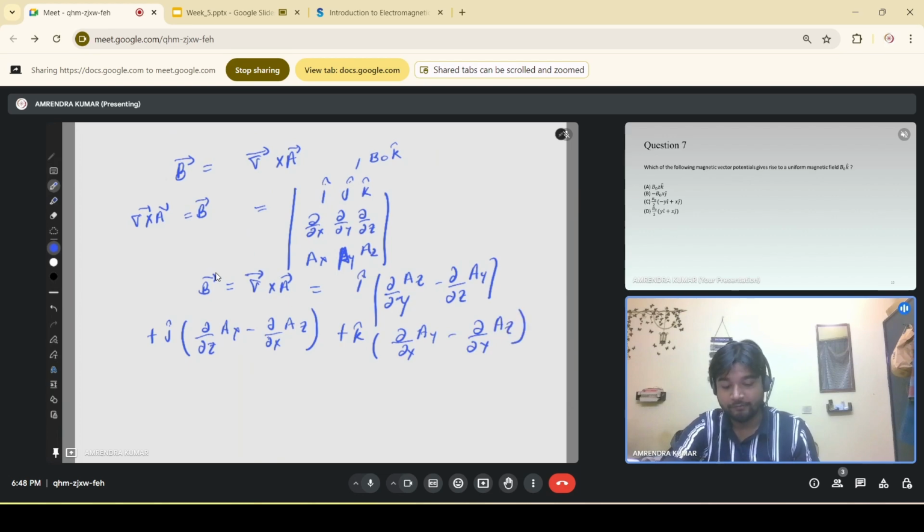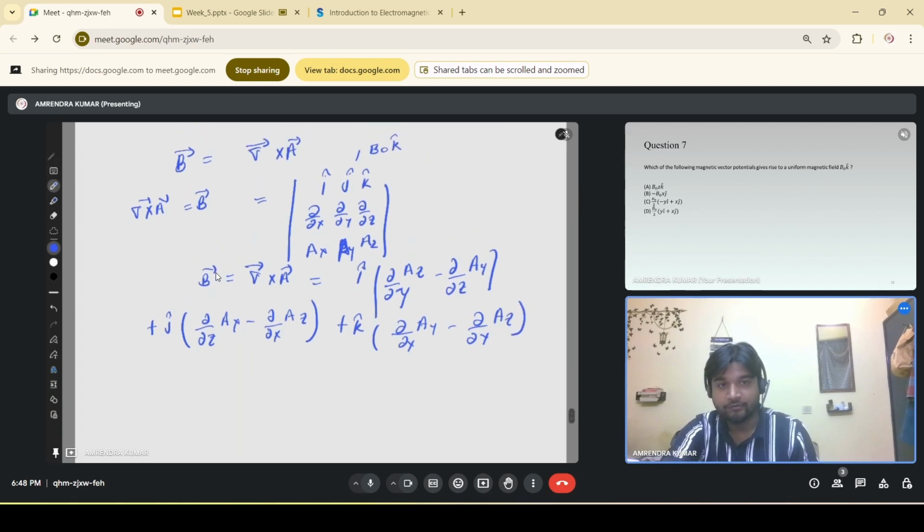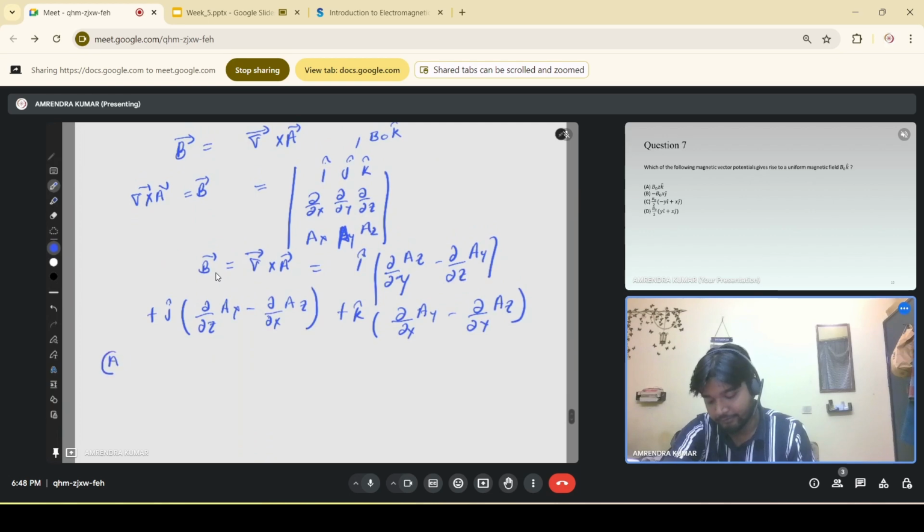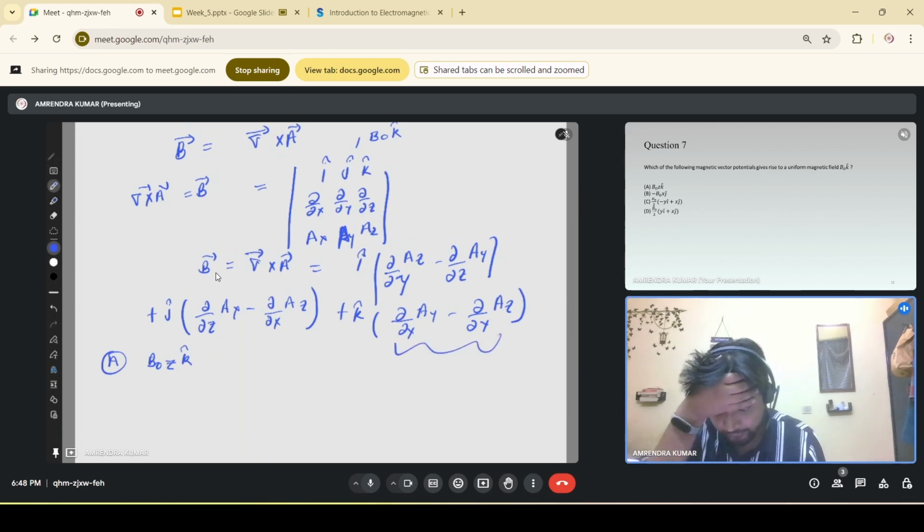Okay, now let's check with each option. Let's go for A equal to B0 Z K cap. If B0 Z K cap is the vector potential, this is AZ, and the other terms are 0.